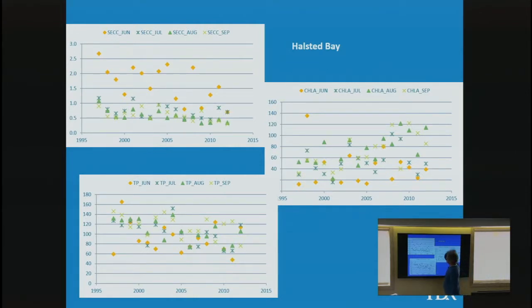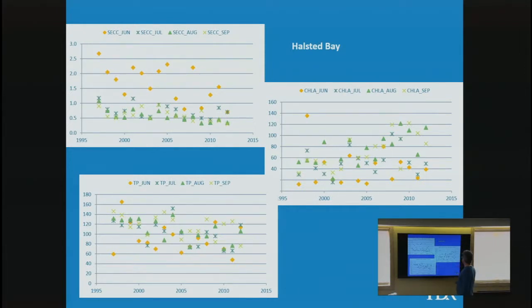So what you're really seeing here in Halstead, you got pretty good clarity in June. These are in meters, by the way. So you've got 7, 8, 9 feet of clarity in June, but in July, that's when things are happening. The clarity's just down, and you really can't see much of a difference between July, August, and September, all these stars and X's and triangles.